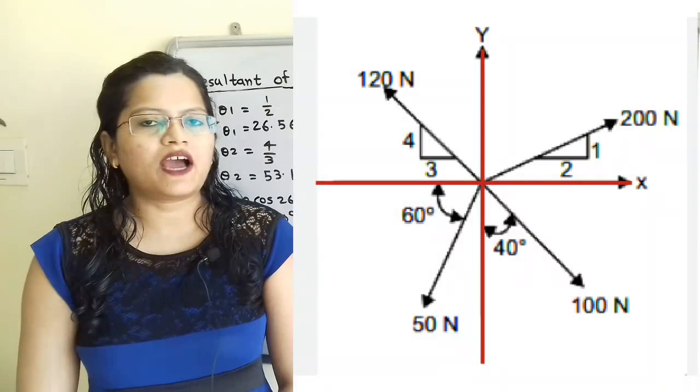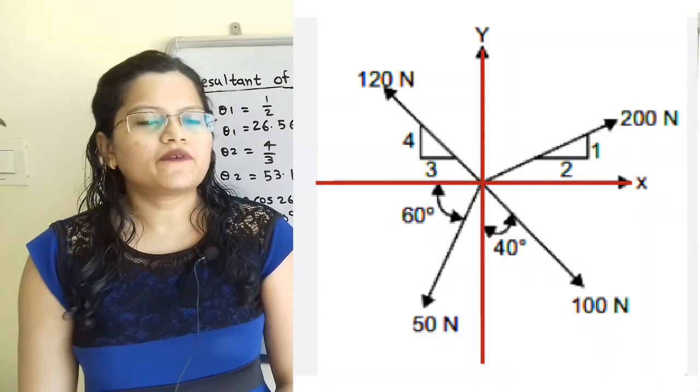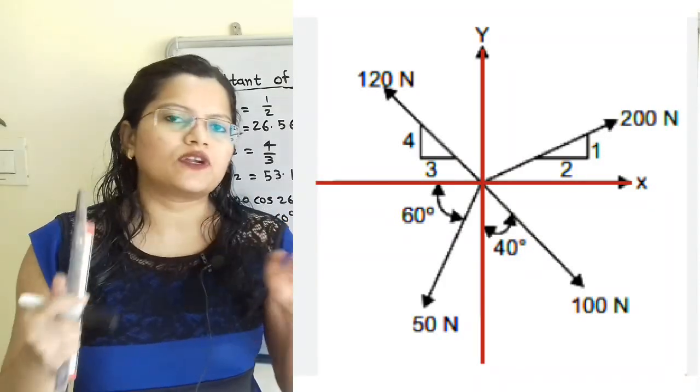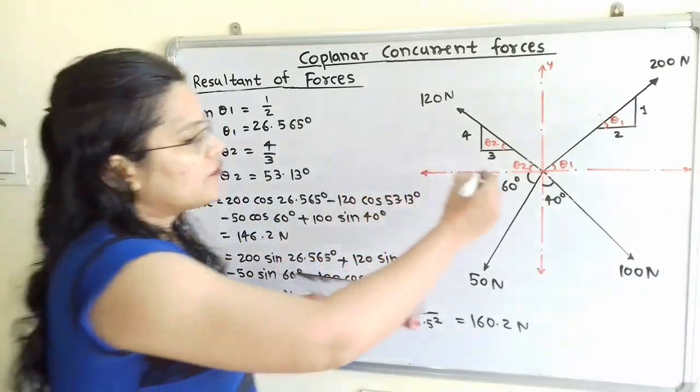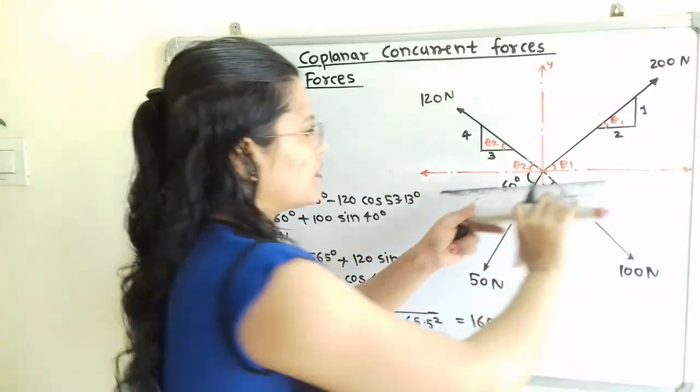We have to find the resultant of all these four forces. So we will first resolve all the forces into horizontal components as well as vertical components. So how to resolve this? For this 200 Newton force, I will show here the horizontal component.